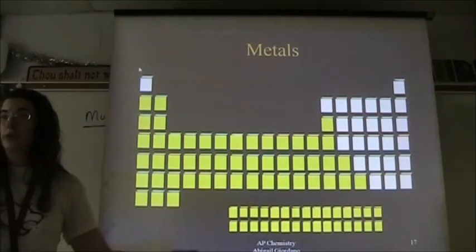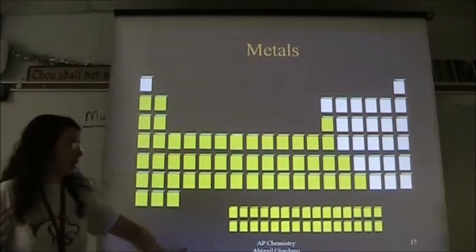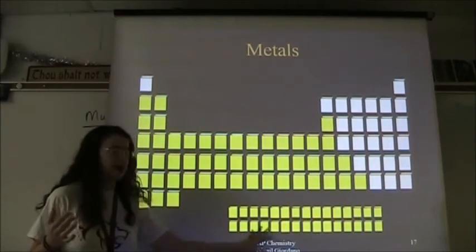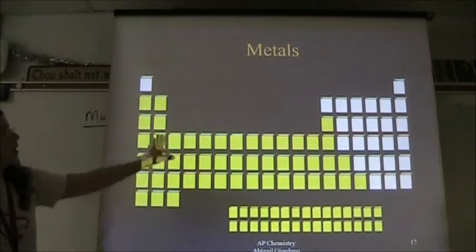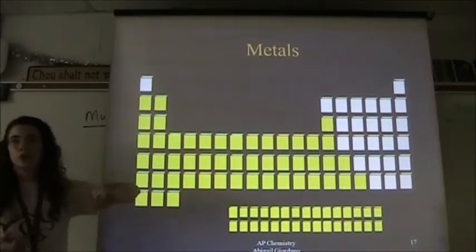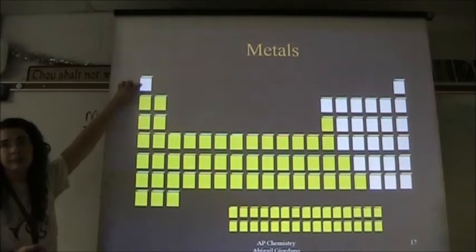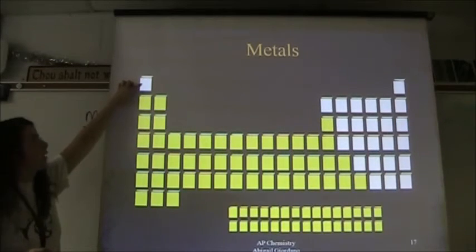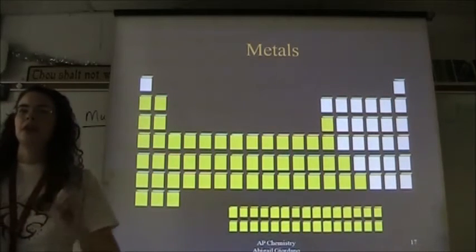In general, this is where your metals are located. That includes everything down here in your lanthanide and actinide series. I want to call attention to one particular box. This guy right here. What element? Hydrogen. True or false? Hydrogen is in group 1.